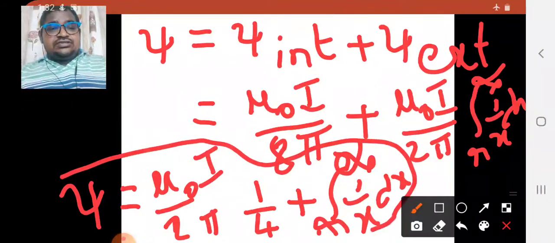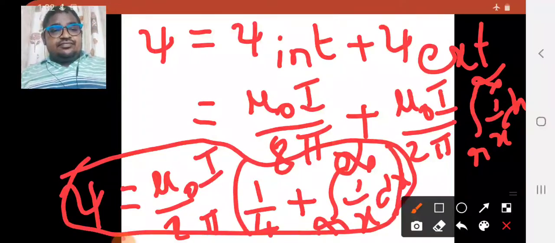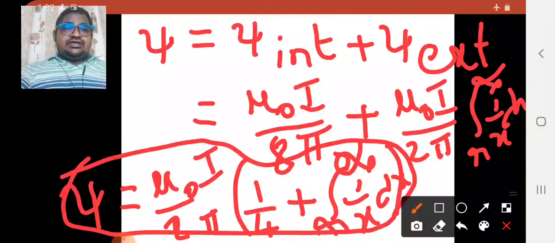This is the flux linkage of the single conductor. So this topic is over.